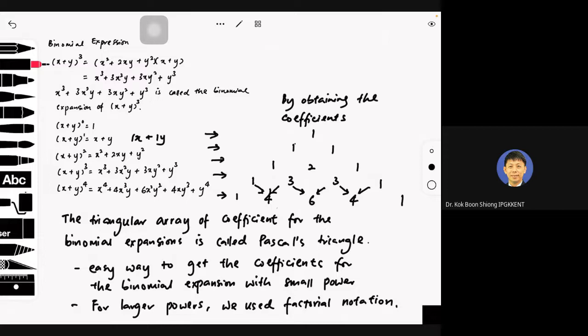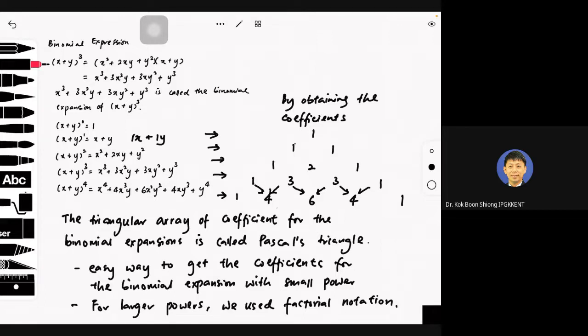This is one of the easier ways to get the coefficients for binomial expansions, but only for small powers. For larger powers, we should use factorial notation. On the next slide, we are going to learn about factorial notation.